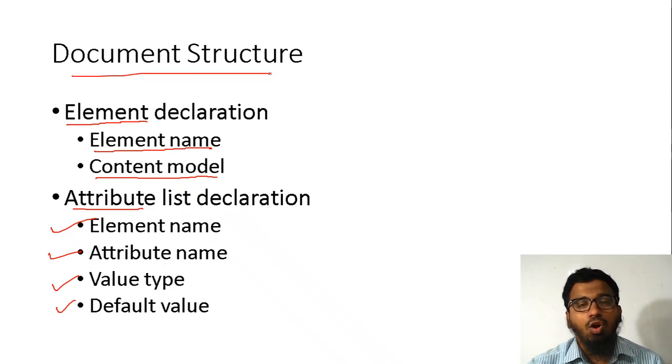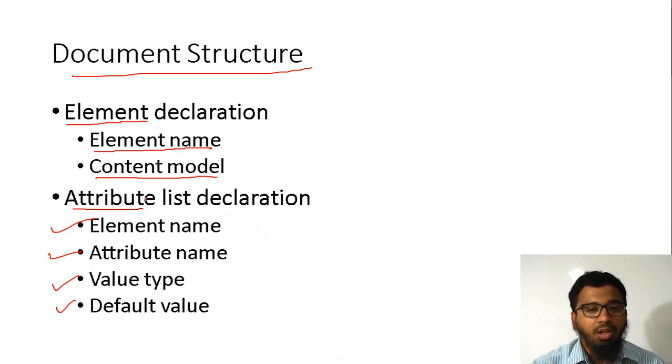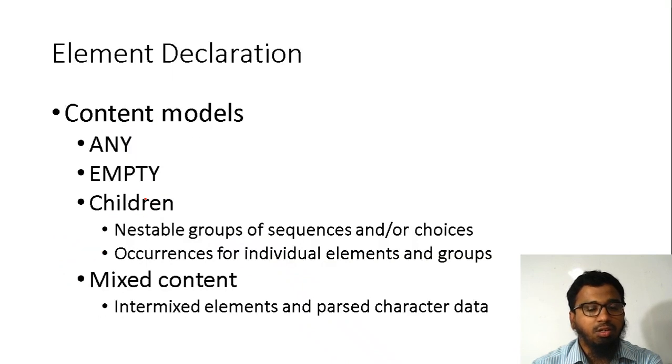This is the structure of a DTD. In today's session we will see only the theoretical introduction to DTD. In the next class, we will see XML Schema. After that, we will do the practical session for XML, DTD, and XML Schema.